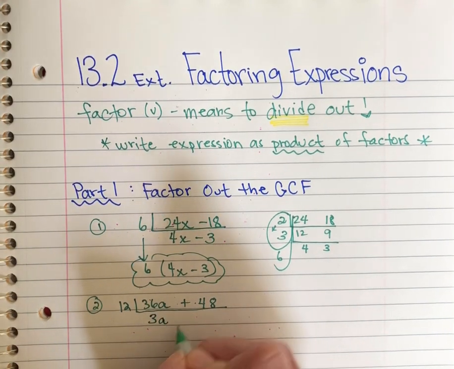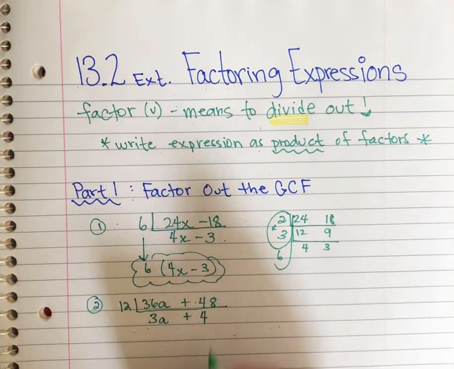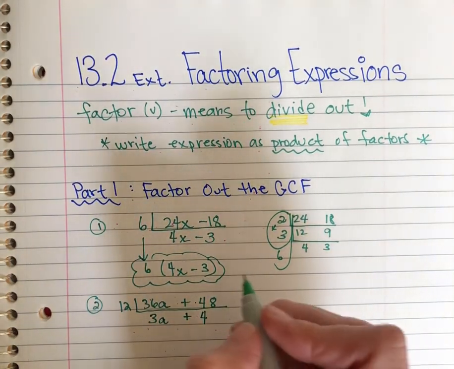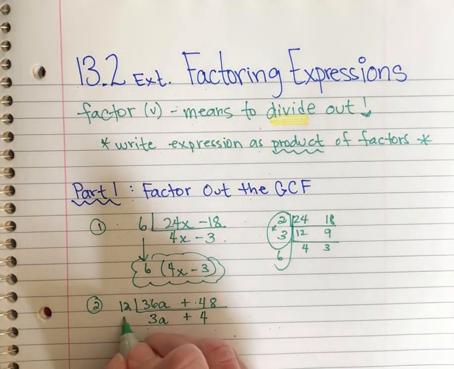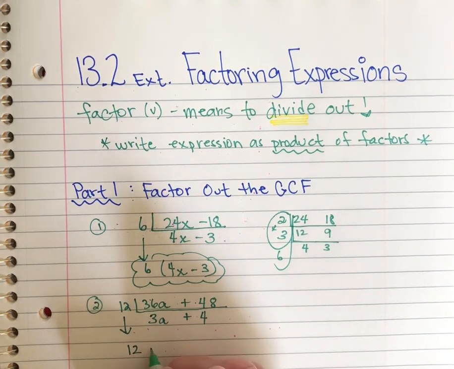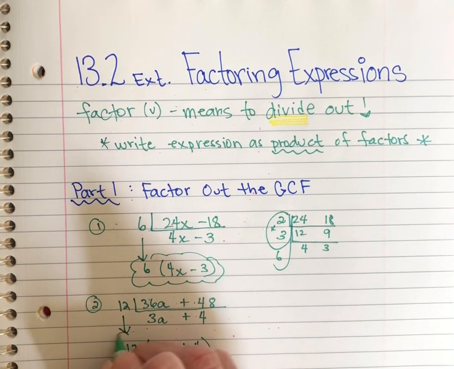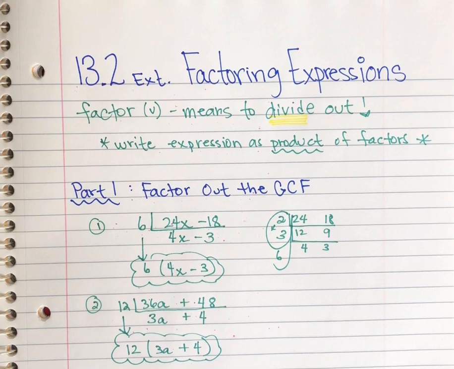Drop down the a, drop down the addition. 48 divided by 12 is 4. Again, we have to express it as a product of the factors. So drop down your 12. That's one factor. Drop down your 3a plus 4. That's its second factor. And this is what your answer should look like.